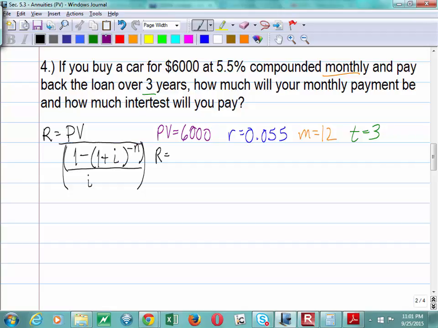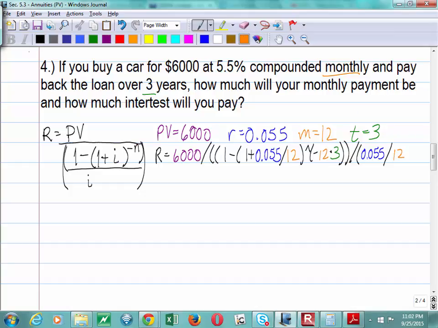So that's going to be 6,000 divided by 1 minus 1 plus 0.055 over 12 to the power of negative 12 times 3 over 0.055 over 12. Okie dokie.